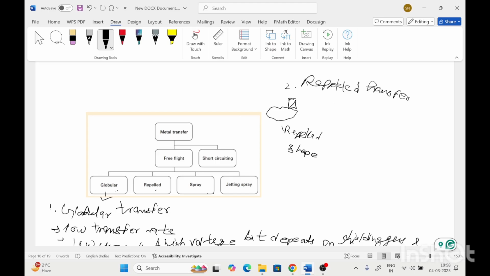This ripple transfer will occur at higher currents, and here the Lorentz force is generated. The ripple shape is generated from the change in the Lorentz force and electromagnetic forces.